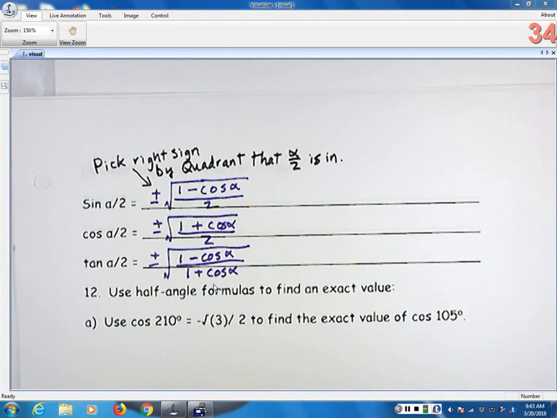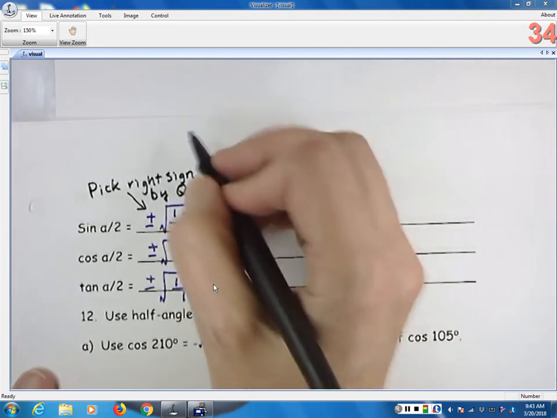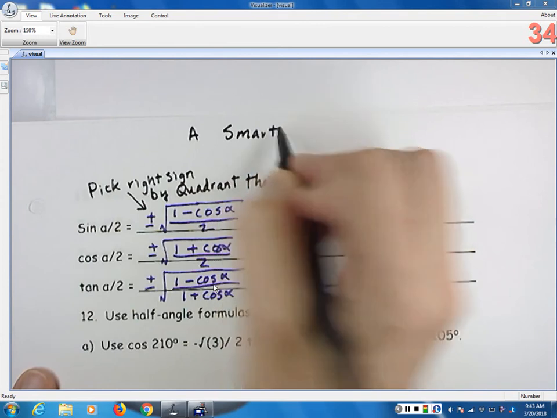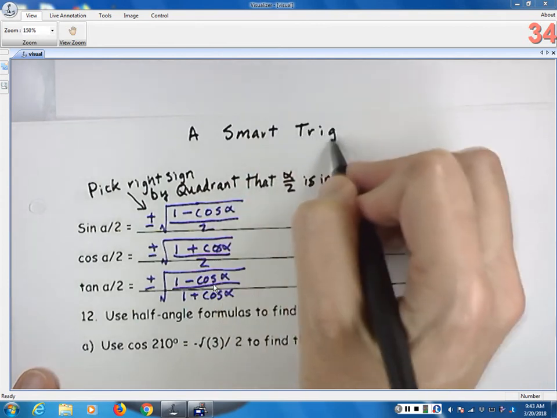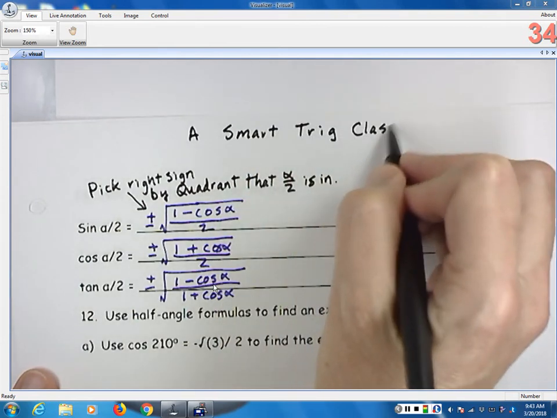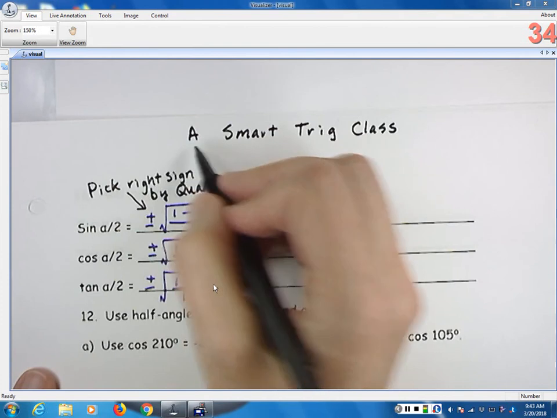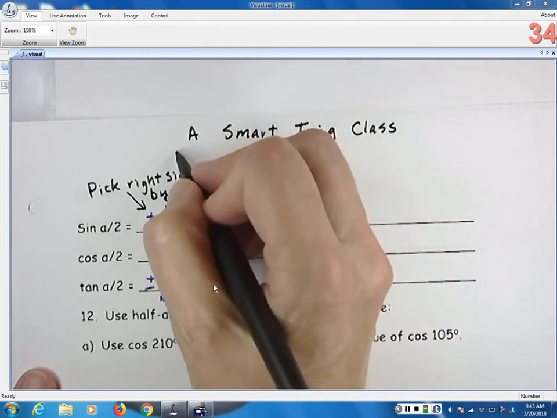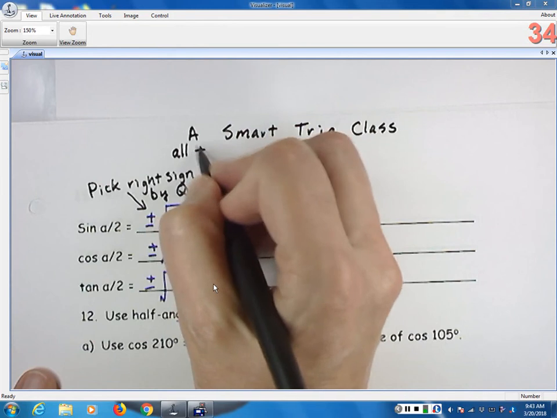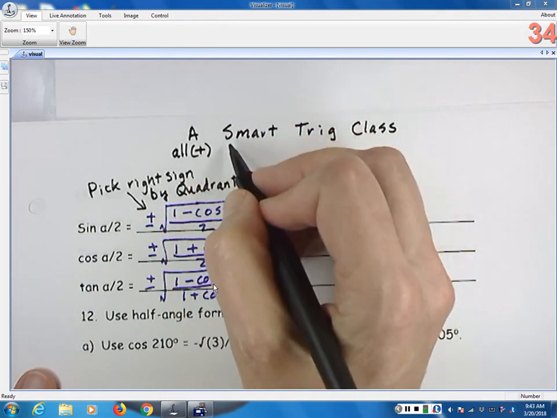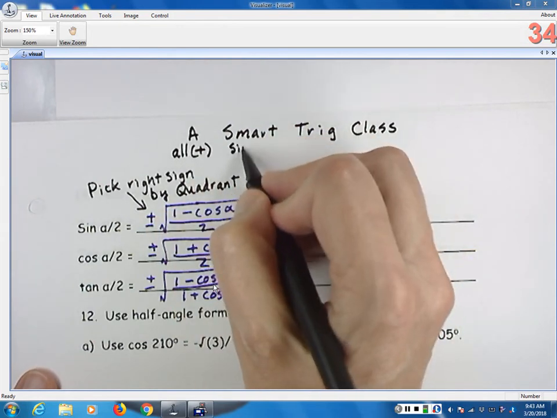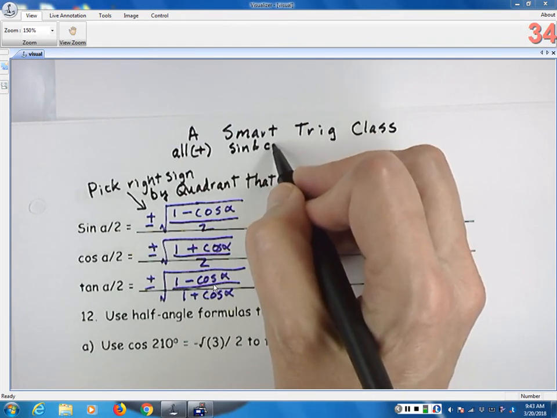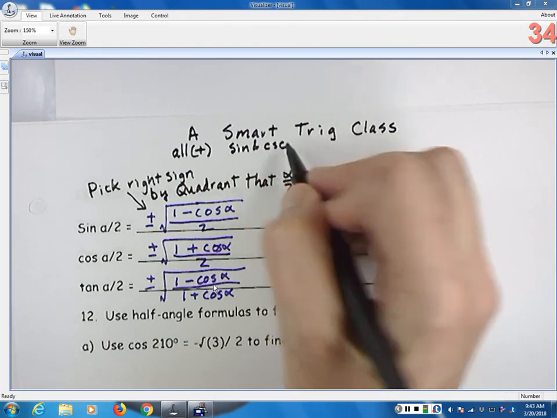Okay, so we had a smart trig class. In quadrant 1, all are positive. In quadrant 2, sine and 1 over sine, which is cosecant, are positive.